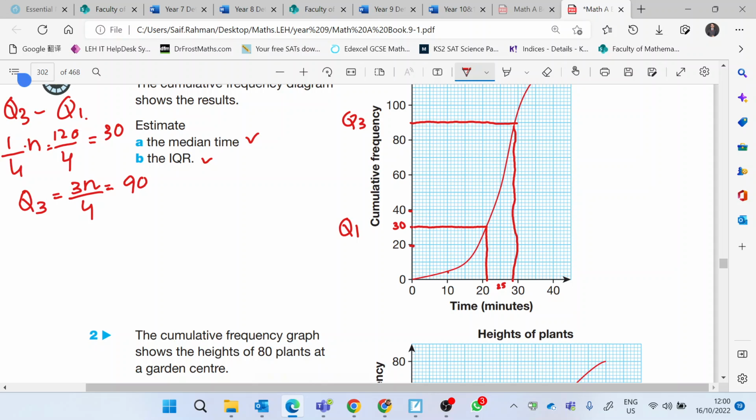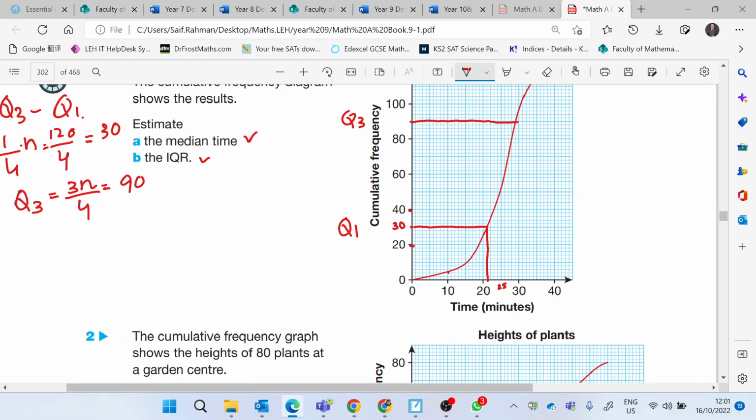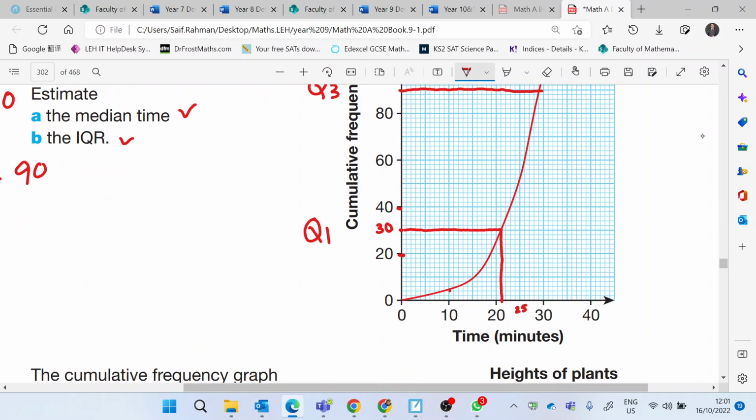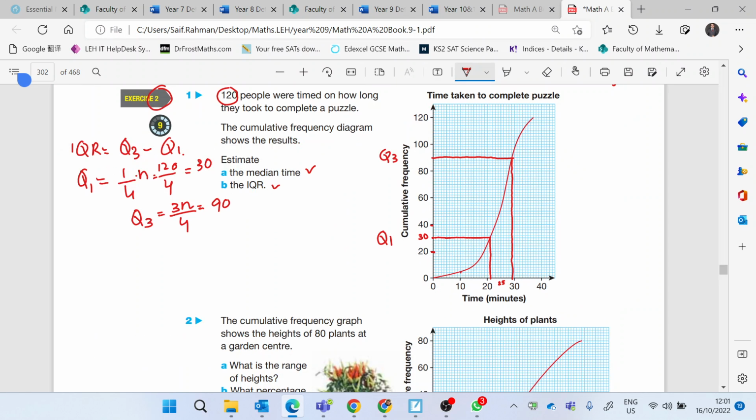My line is not very straight, so let me draw it again and try to be a little more careful. Okay, this time it's better. Here it's 29.